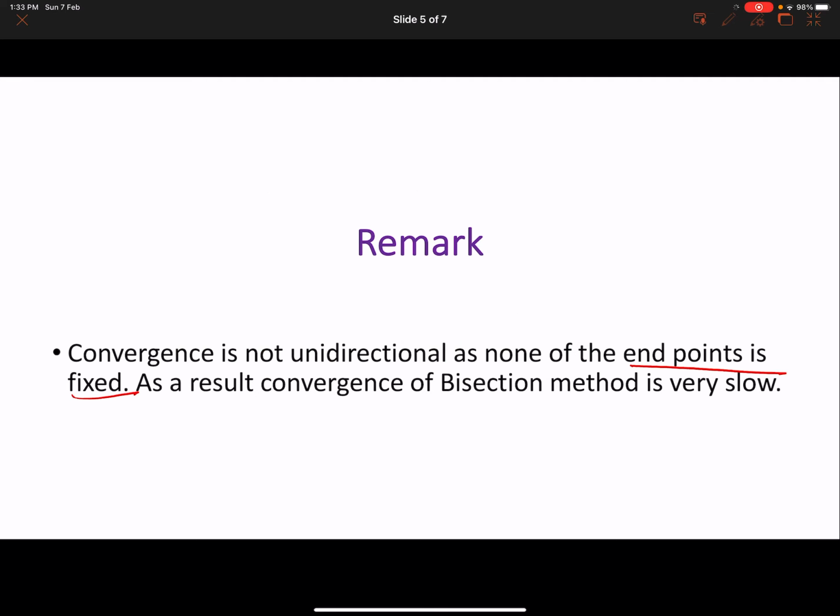Since the endpoint is not fixed, the convergence is not unidirectional, and as a result, the convergence of the bisection method is very slow. As I said earlier also, it is often used as a rough approximation to a solution, which is then used as a starting point for those methods which have a higher convergence rate.